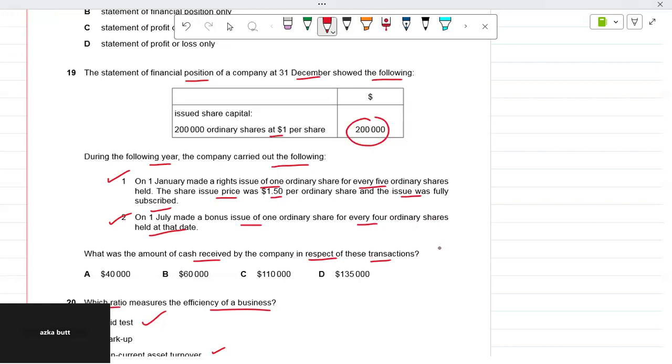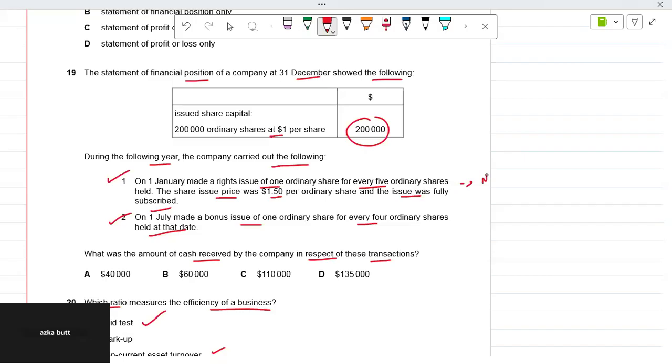So on 1st January, 1 ordinary share for every 5 ordinary shares held. And what are the existing shares? Existing shares are still 200,000 ordinary shares, and the rights issue ratio is 1 for 5.